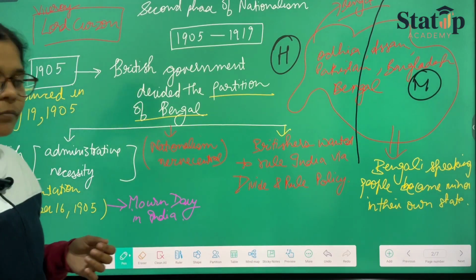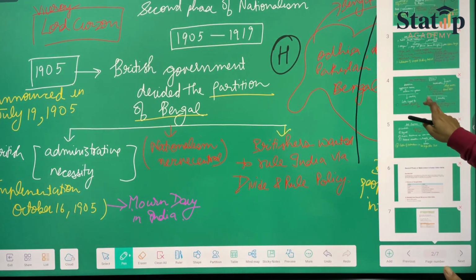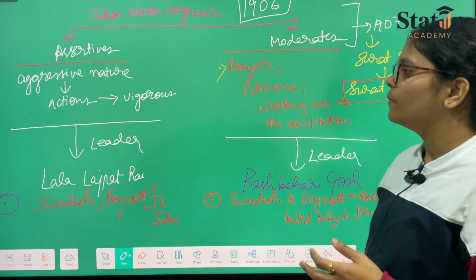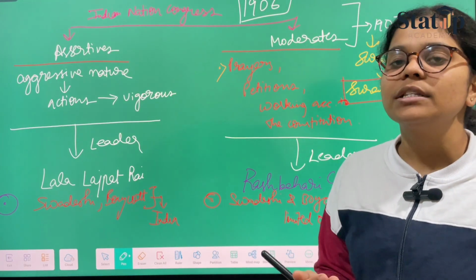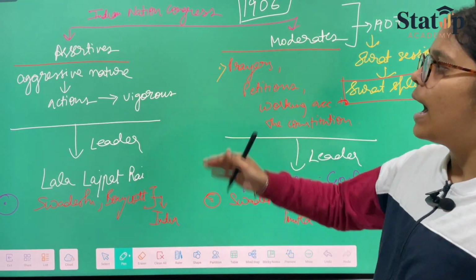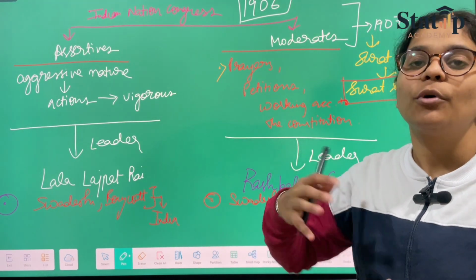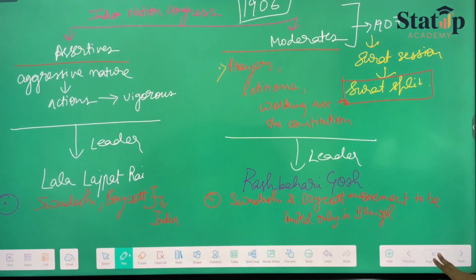Everything that we have discussed about the assertives and the moderates, one thing is important: no one believed in violence. Everyone was against violence. And assertives believed in action rather than postponing things through petitions and prayers. That also has to be kept in mind.